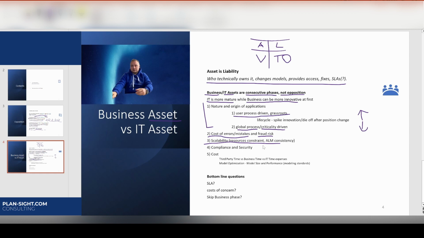The other thing is the ALM consistency. That's more of a technical thing. So Anaplan has such a great feature called application lifecycle management, where you can have one development model which connects to as many test models as you want and as many production models as you want, and you can deploy quite fast.